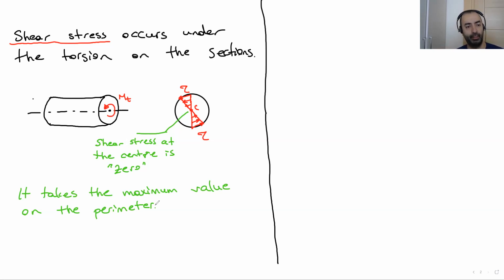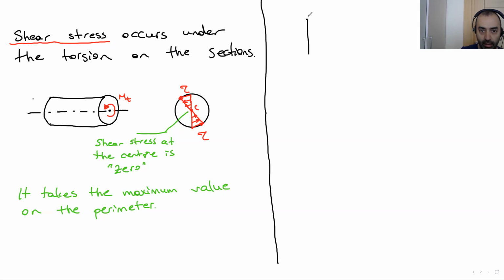There's a good example for this behavior for the buildings in real life. After the earthquake, if there is a torsional problem on a building, you will see the earthquake damage on the perimeter columns. Okay, let me draw a sketch for you here.